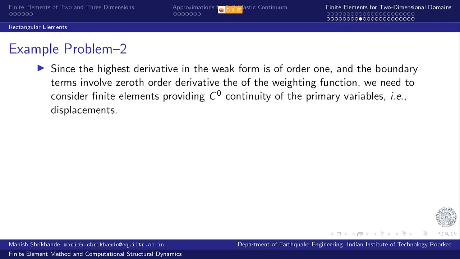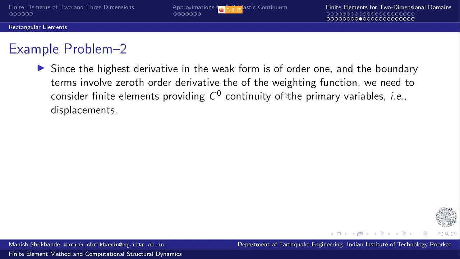And there is another class of problems called axisymmetric problems that can also be handled in the same computer program. So one program with a suitable problem type identifier can be used for solving 3 different classes of problems. The highest order of derivative in the weak form is of order 1, and the boundary terms involve 0th order derivative of the weighting function.